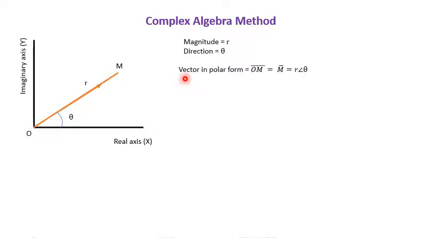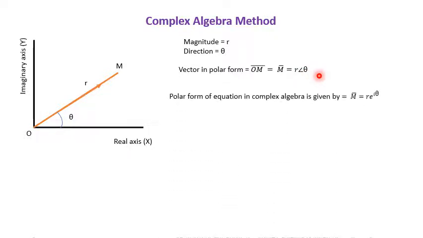Since we are representing a vector, it should have both magnitude as well as direction. So magnitude is r whereas direction is theta. This is the polar form.